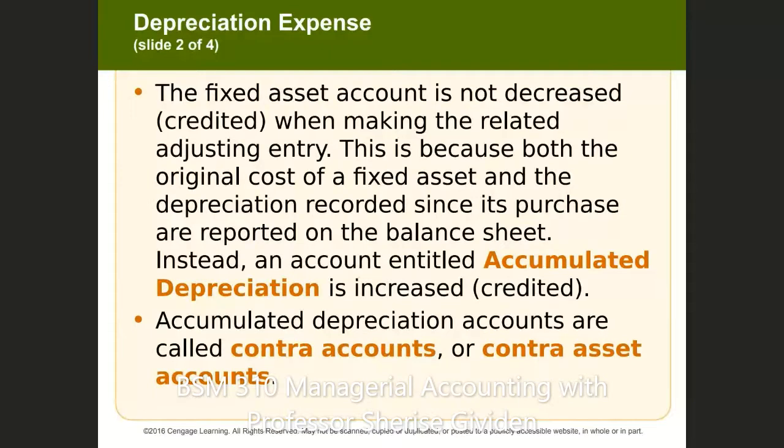This is because both the original cost of a fixed asset and the depreciation recorded since its purchase are reported on the balance sheet. Instead, an account entitled accumulated depreciation is increased, or credited. Accumulated depreciation accounts are called contra accounts or contra asset accounts.